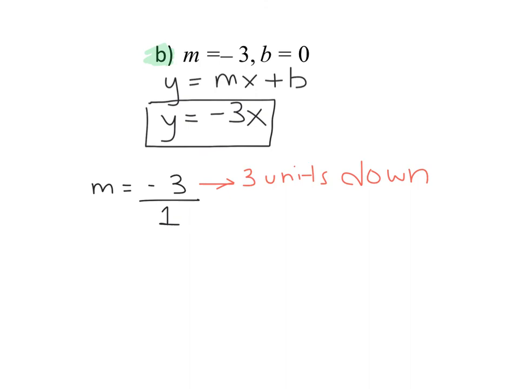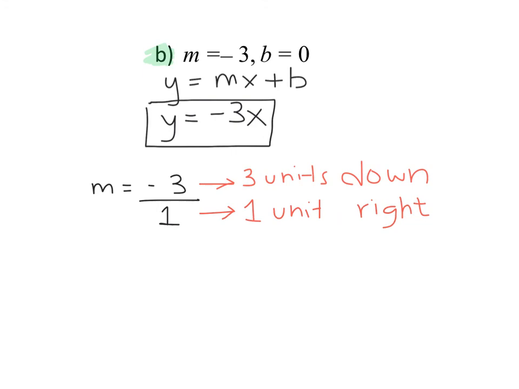And my run, or my denominator value, is just a 1. Remember, the run is always associated with being positive. Positive run corresponds to a movement to the right. So I'm going to go 1 unit right.